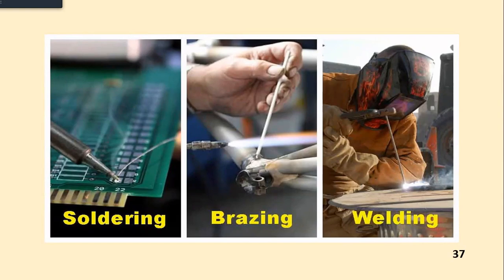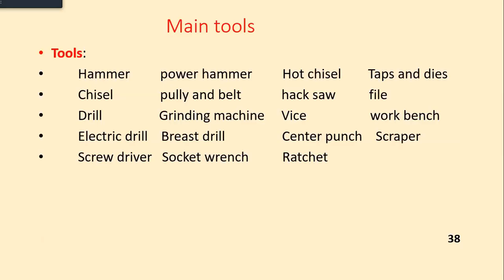Soldering, brazing, welding. Right? Main tools: hammer, power hammer, hot chisel, taps and dies, chisel, pulley and belt, axle, file, drill, grinding machine, vise, workbench, rubber, workbench, electric drill, breast drill, center punch, scraper, screwdriver, socket wrench and ratchets.